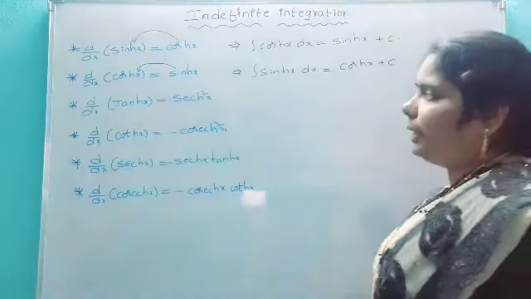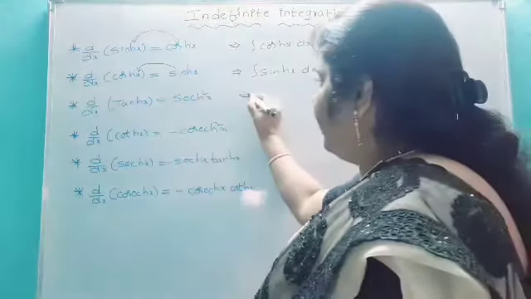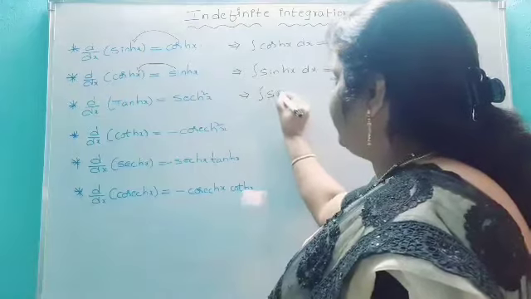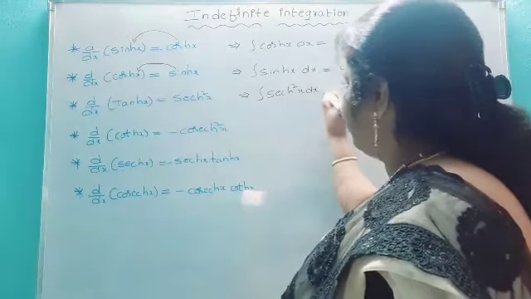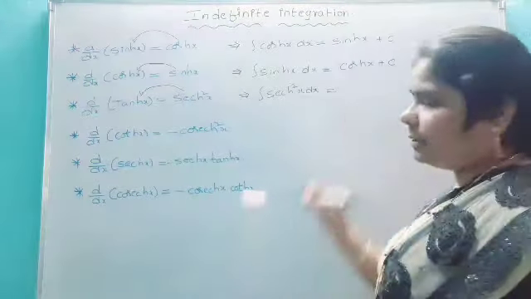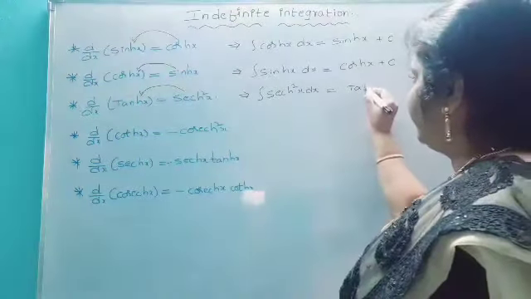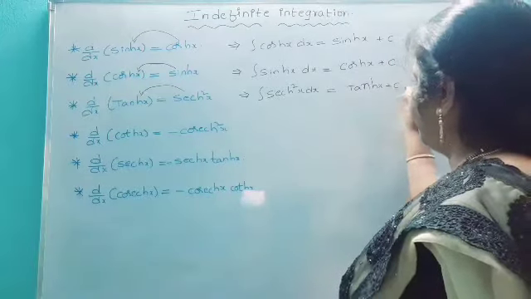Next, apply the integration to sech square x. Integral of sech square x dx is equal to, reversely we get tanh x plus c.